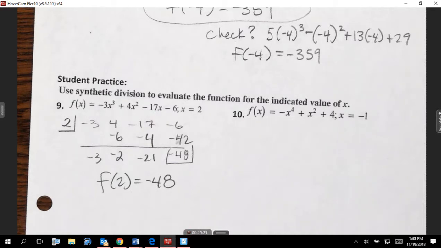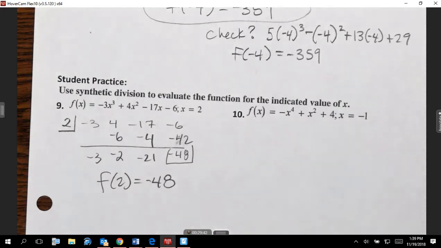Zeros? I'm missing a 0. At the beginning, there's a 0. So if the power is 4, I'm walking around and a lot of you are missing a 0.